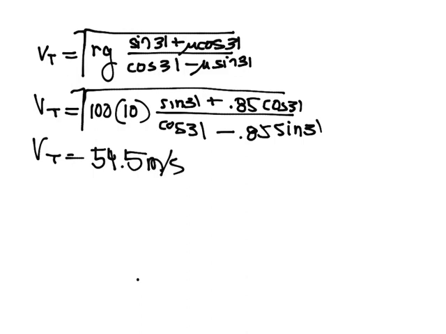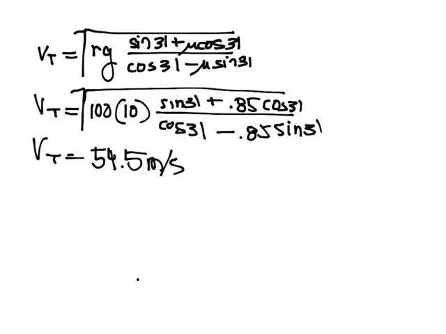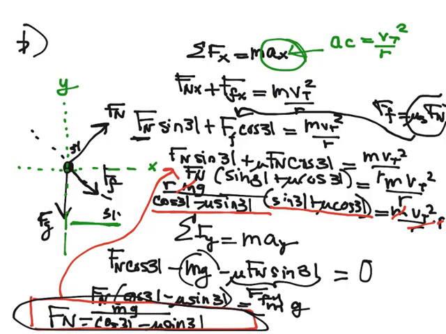Alright, in part C, it's basically the same situation, except we're trying to find mu. We also don't know mass, but that should be fine. So instead of redoing everything, we can look back at our force body diagram for part B, and we can also look back at our equations.